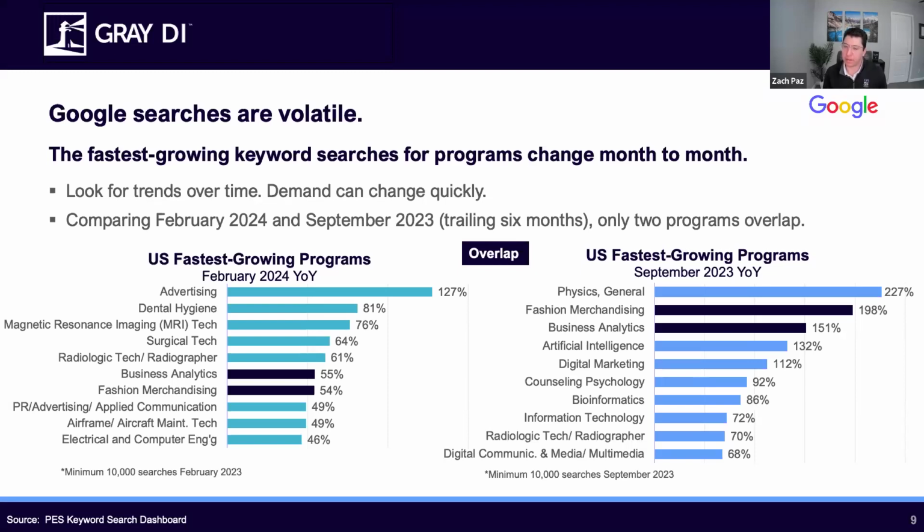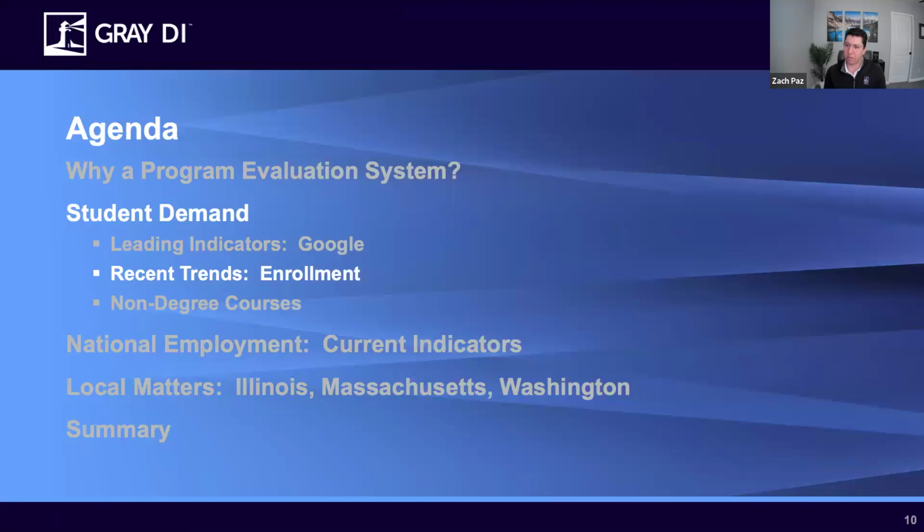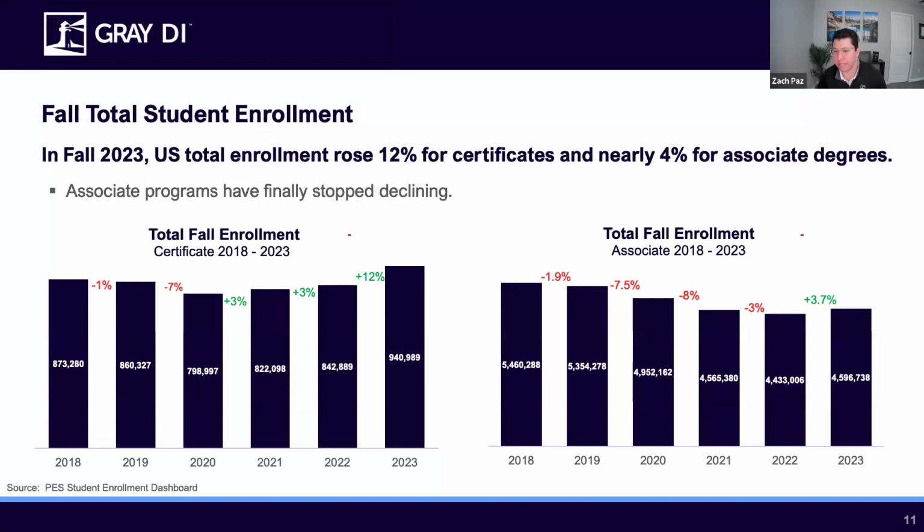All right. So again, that's a look at what we're doing with student demand in terms of Google searches. One of the more recent trend indicators is actually enrollment data. And so this gives us a look at, for certificates on the left side and associate's on the right side, what the national enrollment trends are.